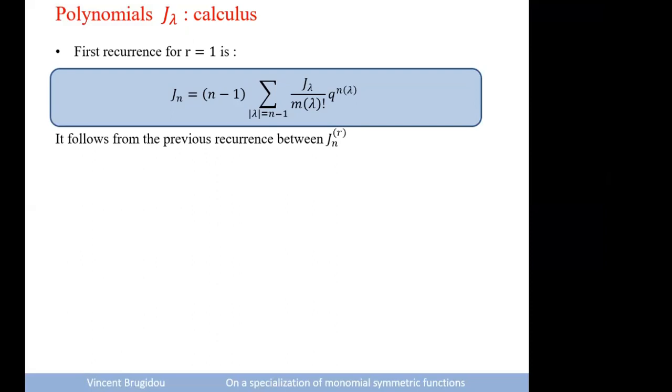We have proven two recurrences for G lambda. The first recurrence for r equal to 1 is here.